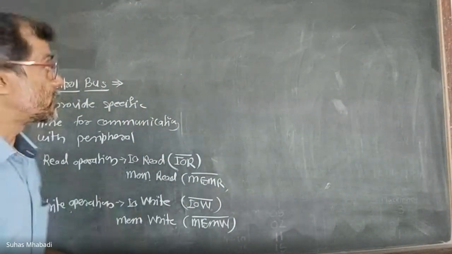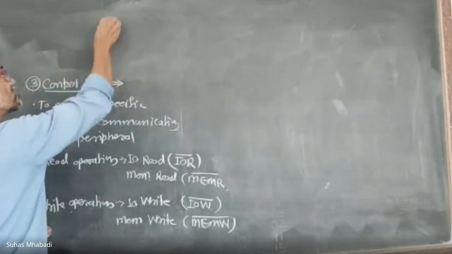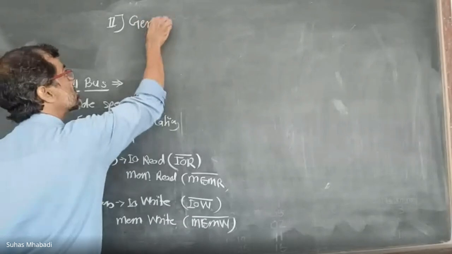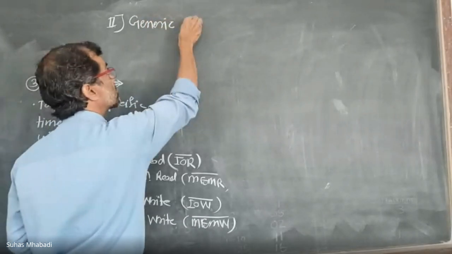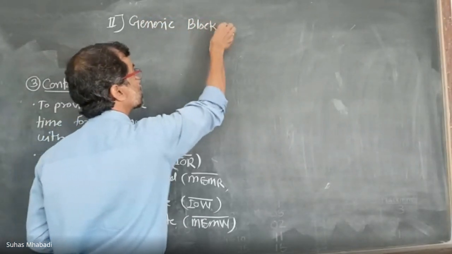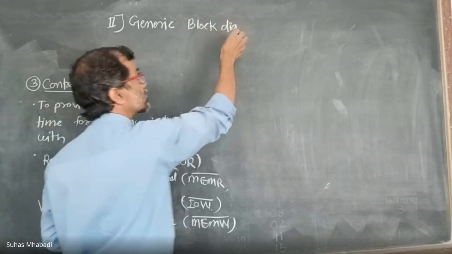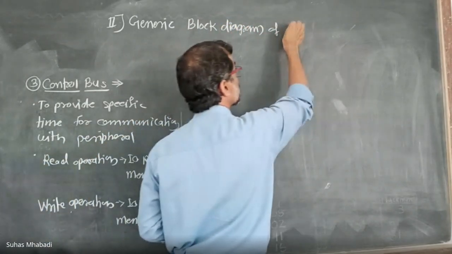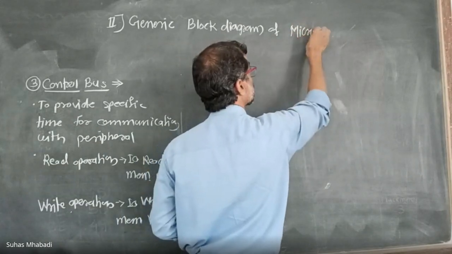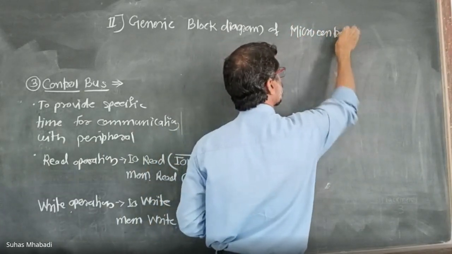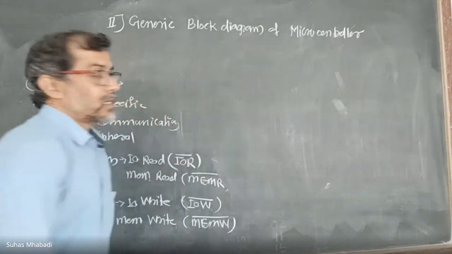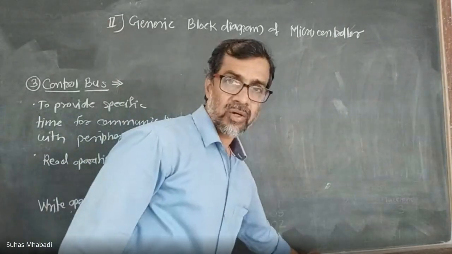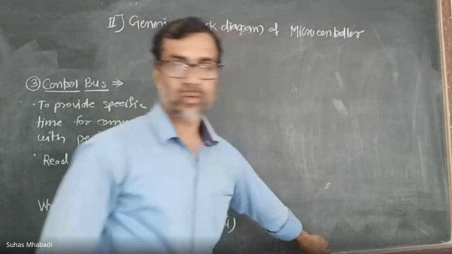Okay. Topic number 2, please write down. Generic block diagram of microcontroller. Just now we have seen microprocessor. Now we will see microcontroller.